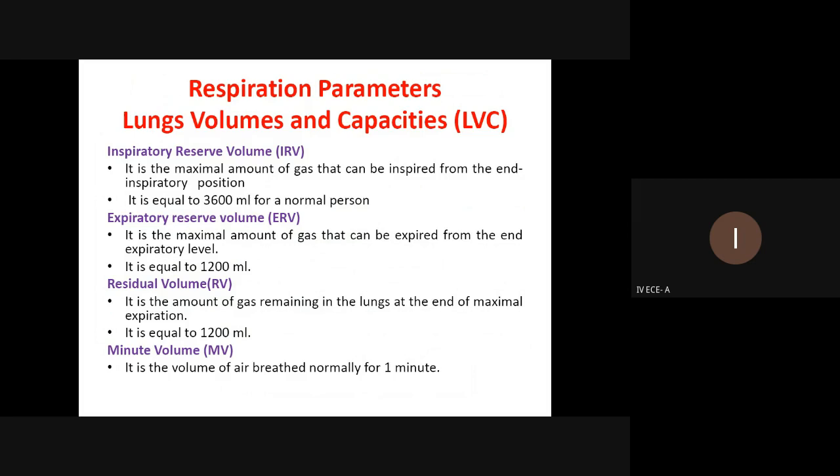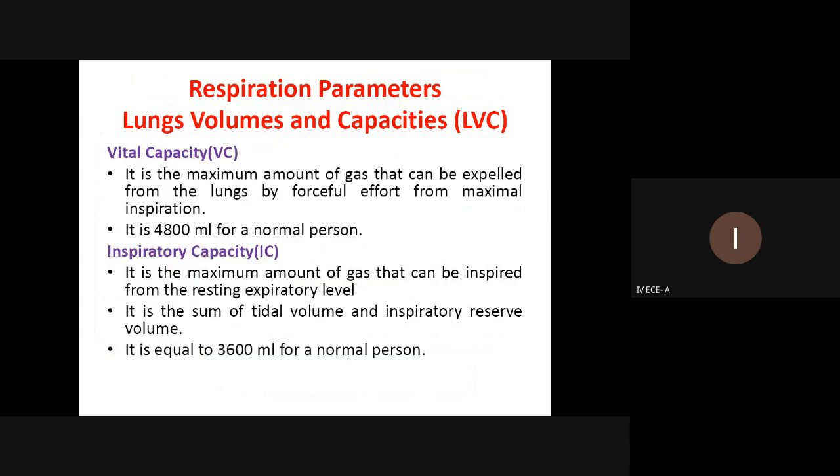Then expiratory reserve volume is equal to 1200 ml. Residual volume is the amount of gas remaining in the lungs at the end of maximal expiration, equal to 1200 ml. Vital capacity is the maximum amount of gas that can be expelled from the lungs by forceful effort after maximal inspiration, that is 4800 ml for a normal person.